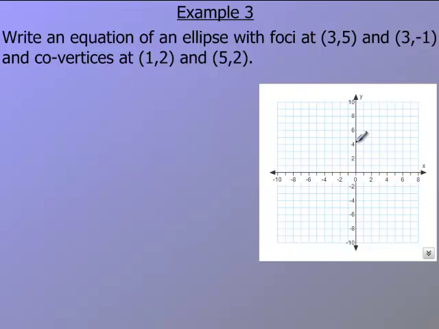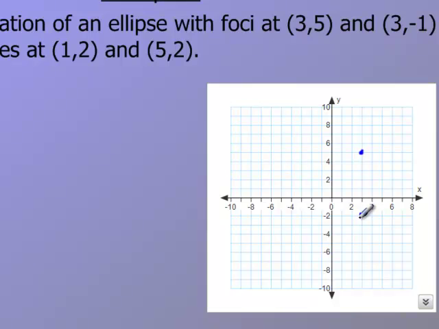So we have foci at 3, 5, so I'll put one here, and one at 3, -1 down here. And then we have co-vertices, which are our b values in the equation, at 1, 2 and 5, 2 respectively.